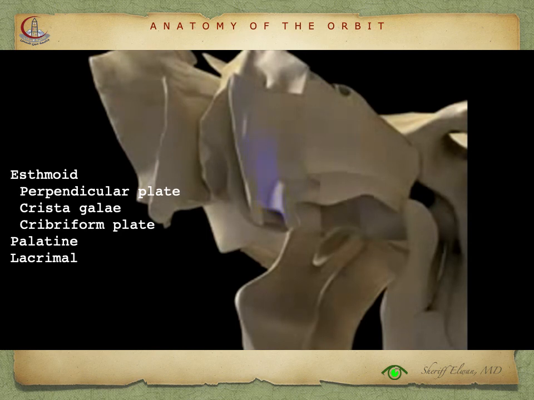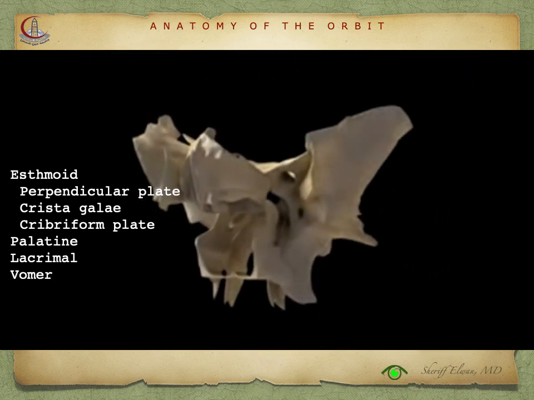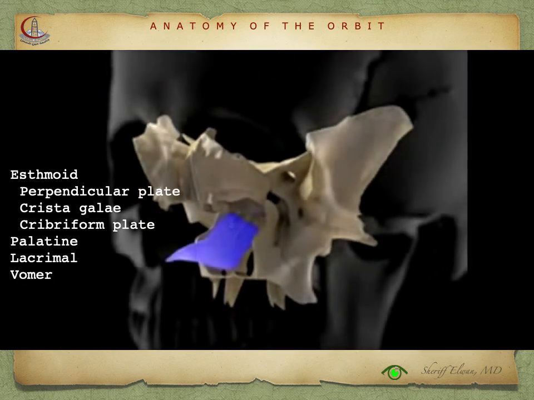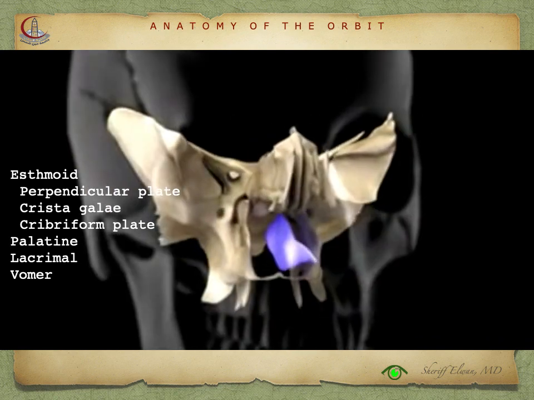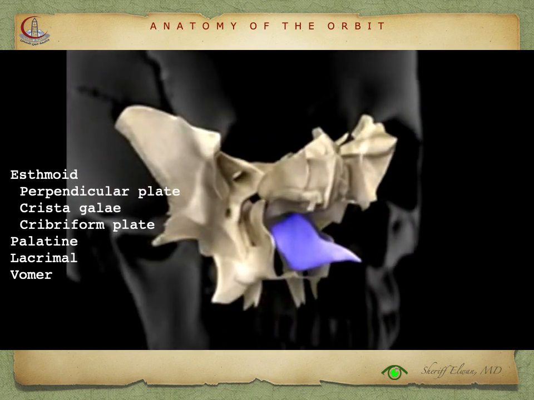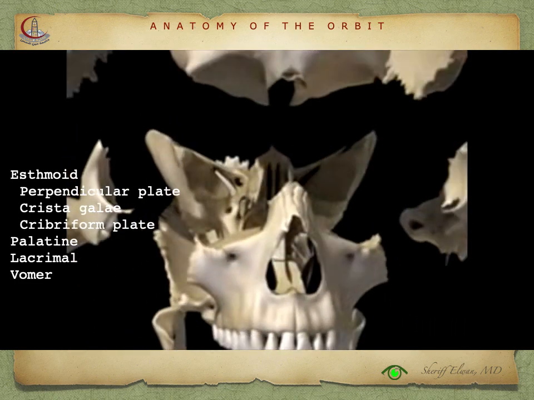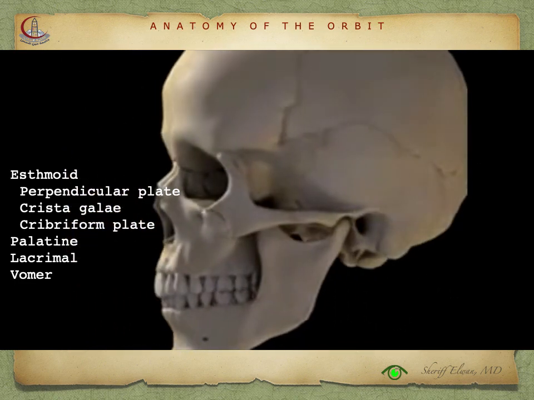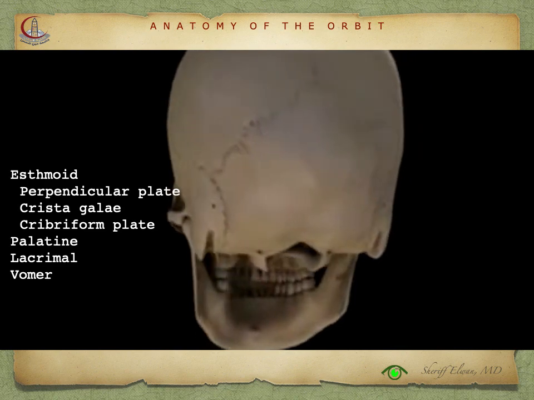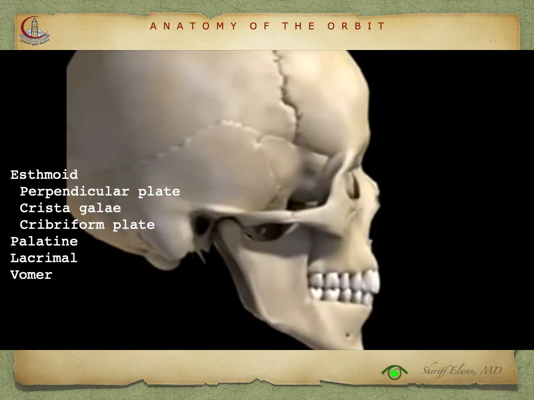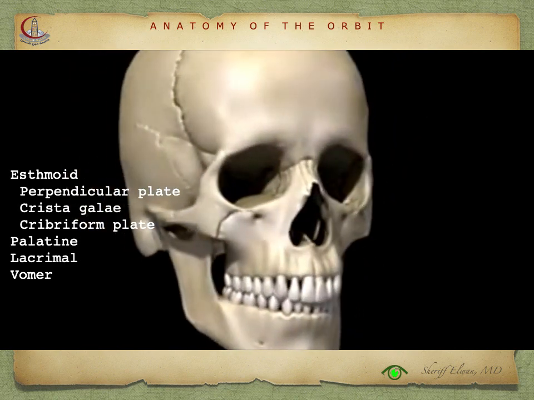In addition, the vomer is a plow-shaped bone that forms the inferior and posterior parts of the nasal septum. All the internal and external bones of the skull articulate precisely, making a robust structure perfectly suited for its function.